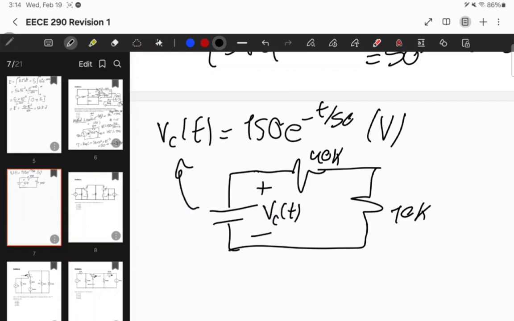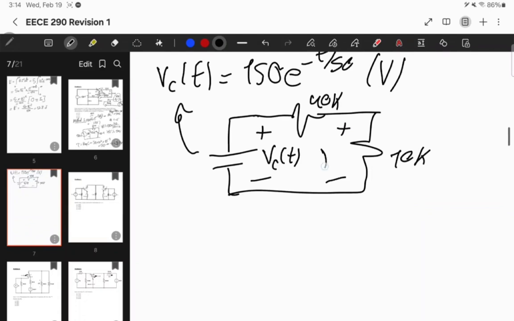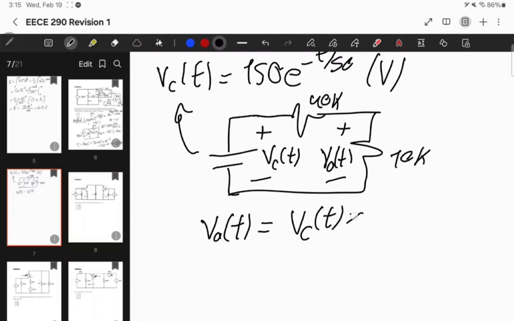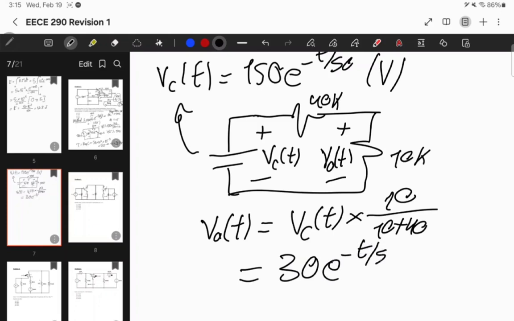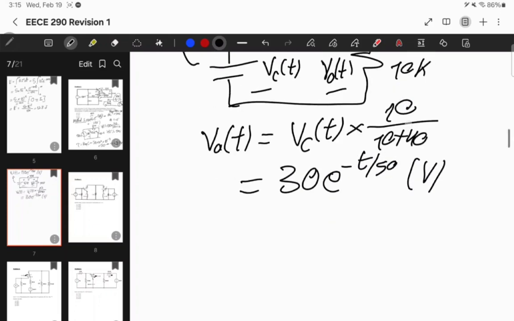So V0 at t is equal to Vc at t times 10 over 10 plus 40 in kilo. Therefore, it's 150 times 10 over 10 plus 40, which is 30 exponential minus t over 50 volt.